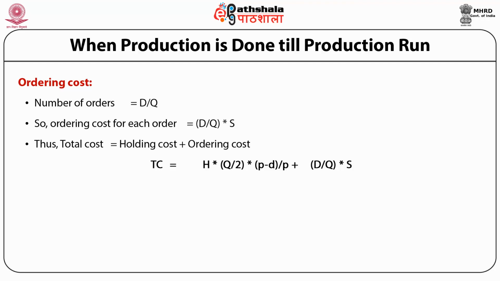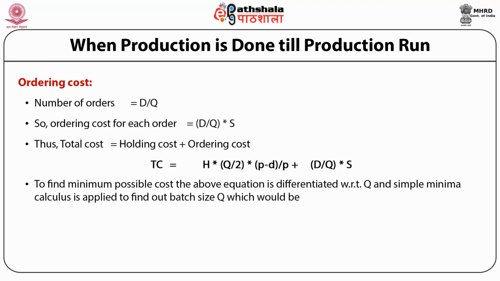Total cost equals H into Q upon 2 into P minus d upon P, plus D upon Q into S. To find the minimum possible cost, the above equation is differentiated with respect to Q and simple minima calculus is applied to find the batch size Q, which would be Q equals root of 2DS upon H into root of P upon P minus d.